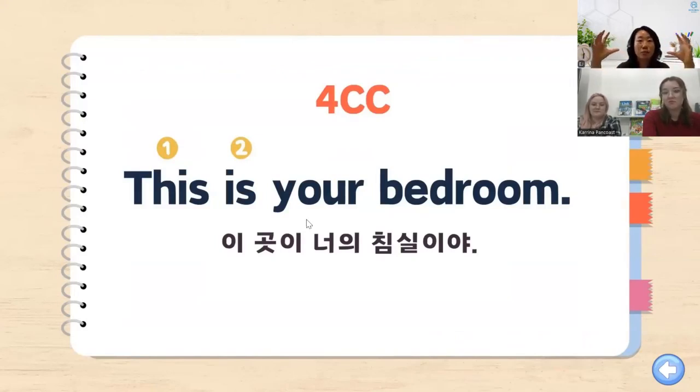Because they can see this is your bedroom, and they learned if we flip number one and two, then it can be a question sentence. They're looking at this sentence and then, okay, flip it. Then flip is this. Am I doing right? And they're thinking, oh yes, you're doing it, yes, that is a question sentence.